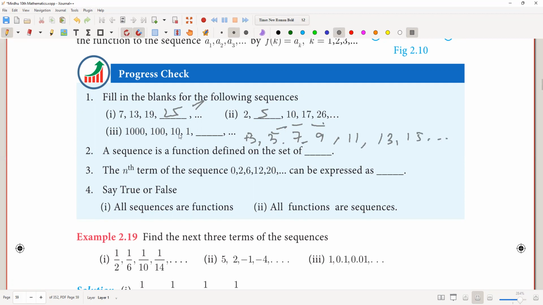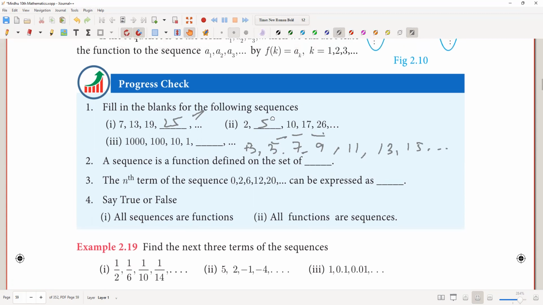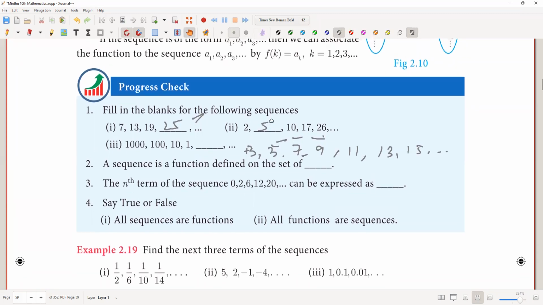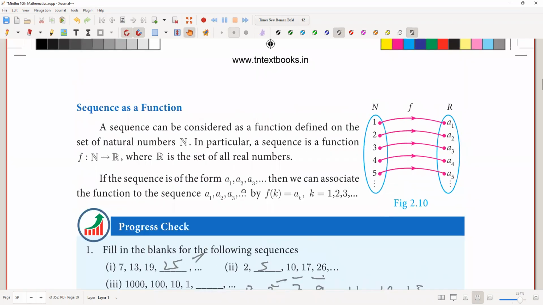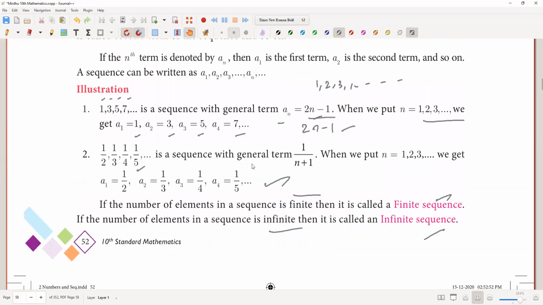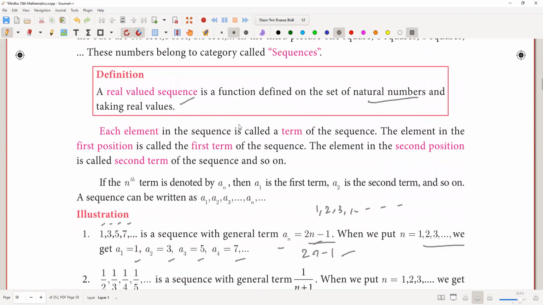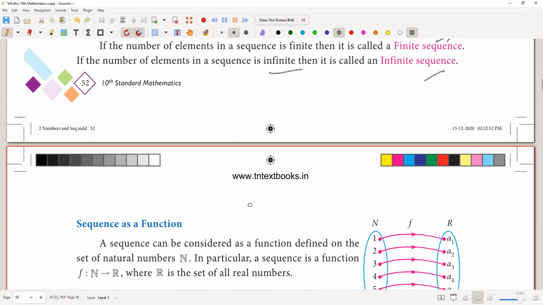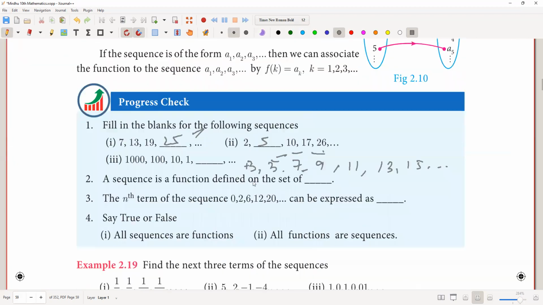A sequence is a function defined on the set of natural numbers and taking real values.